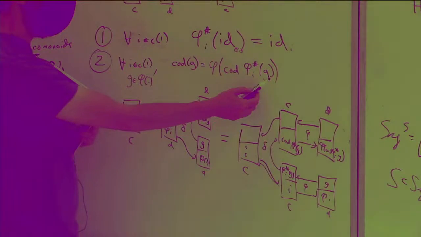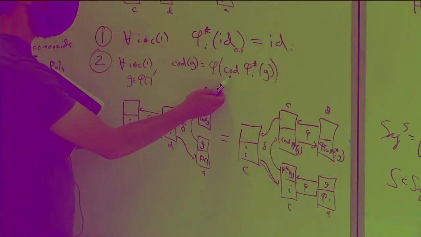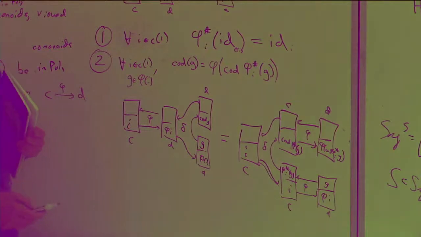Right? We take our morphism, we pull it back to C, we take its codomain, and we push it forward, and that's the codomain.